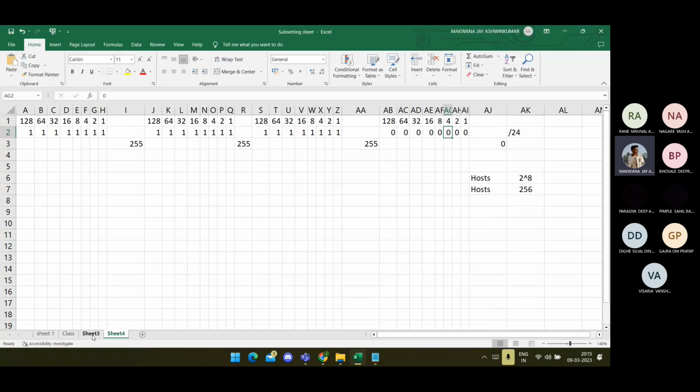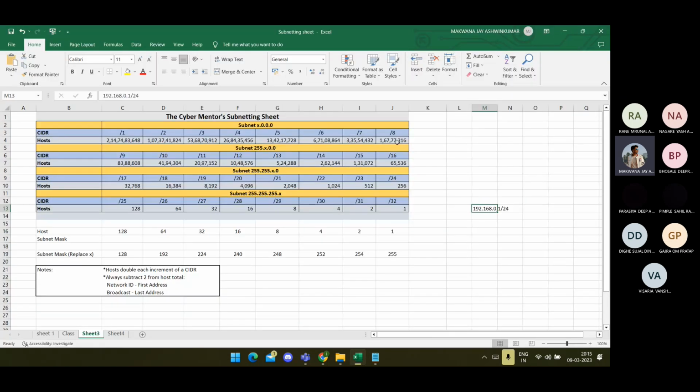But what if I ask you to calculate the number of hosts for /6? If I give the IP address like 1.0.0.0/6, then how will you calculate the number of hosts? For that, you can also go with this formula only, that is 2 raised to the number of host bits.